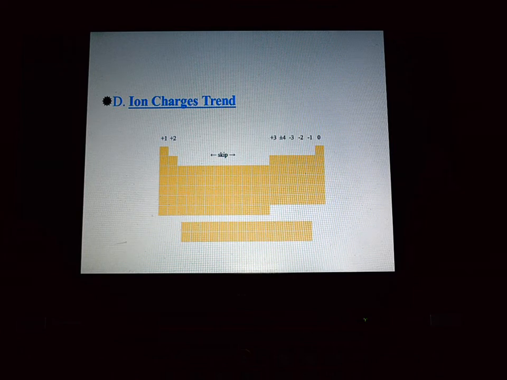Now honestly, instead of writing this down on your notes, what I recommend is you take out the periodic table that you colored and you put that trend across the top and you label it ion charges trend. Okay, so that every time you look at the groups there, you're also being reminded of the charges. So +1 for column 1, +2, skip, +3, ±4, and then -3, -2, -1. Notice 0 for the noble gases.